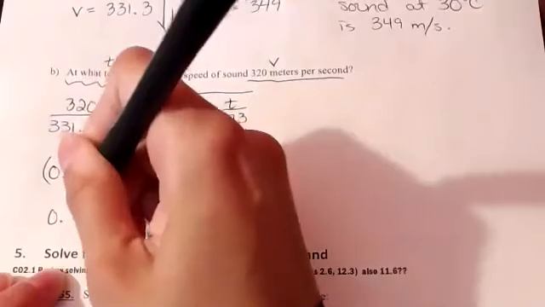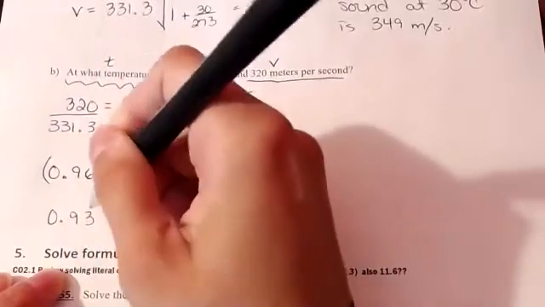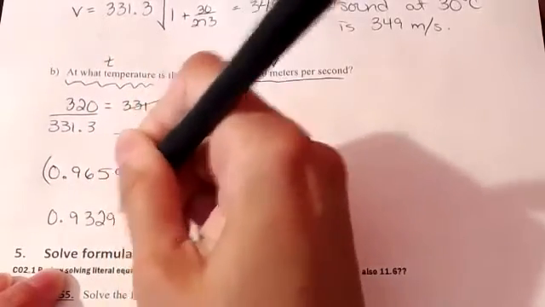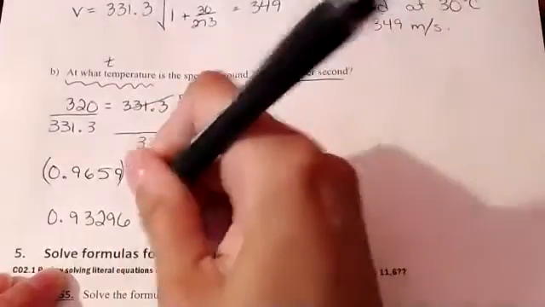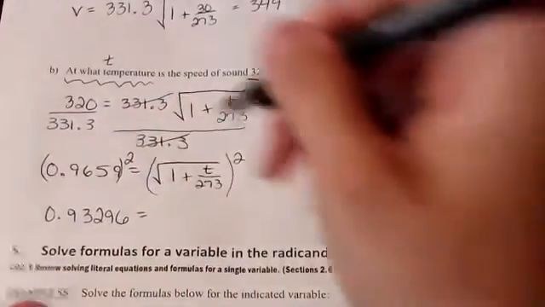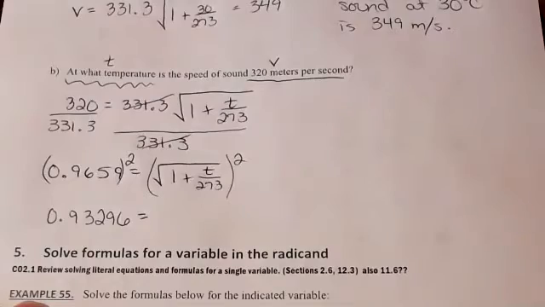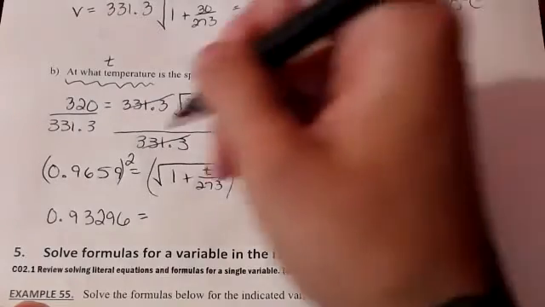And again, let's round to 4 places after the decimal. 0.93, because it's 296, you know what? Let's just leave it. I don't want to round too much. So 5 places this time. It's really not a big deal. Don't sweat that, okay? We're just trying to be as accurate as possible.